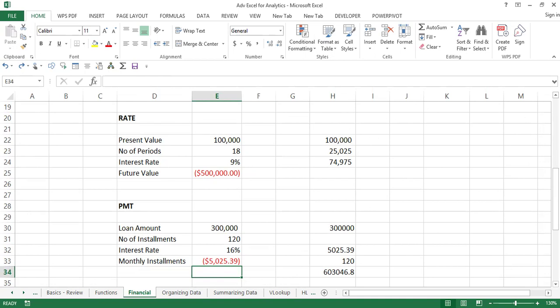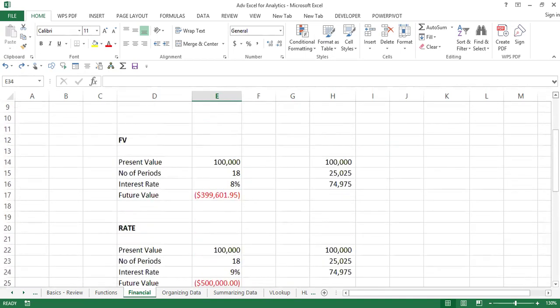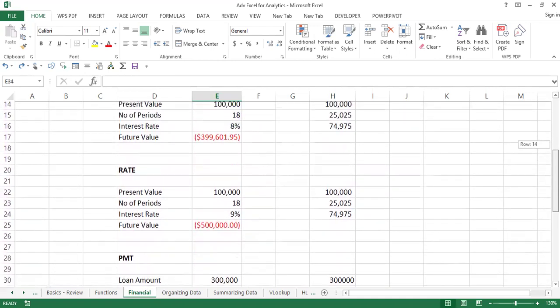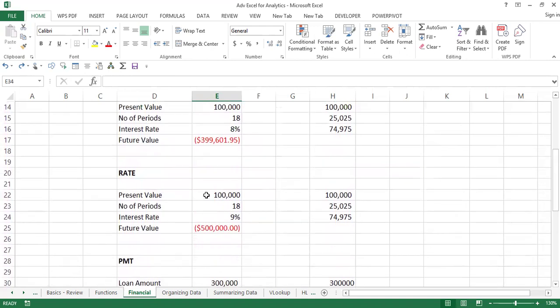You may also want to calculate the rates. For example, you know the present value, you know the number of periods, you know the future value, and you're asked to compute the rates. So how do we accomplish that? The future value is known. The present value is known.